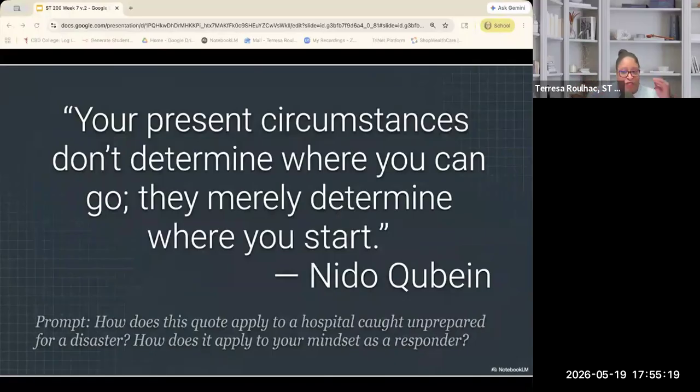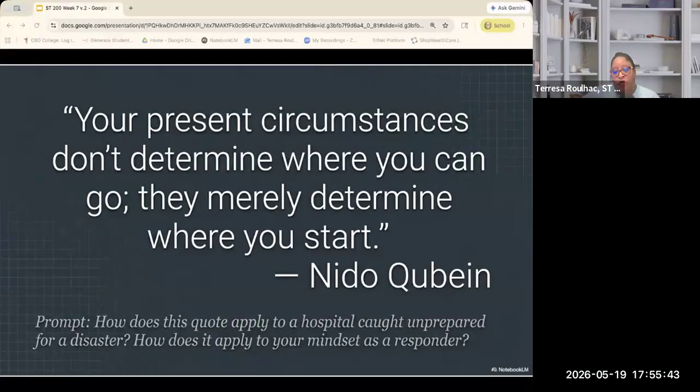Now, our quote of the week was a little bit later. Your present circumstances do not determine where you can go, they merely determine where you start. Think about that furniture factory explosion. The hospital did not choose that event, the timing, the 35 patients, the supply strain. That was their starting point.